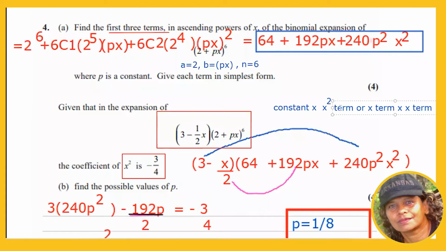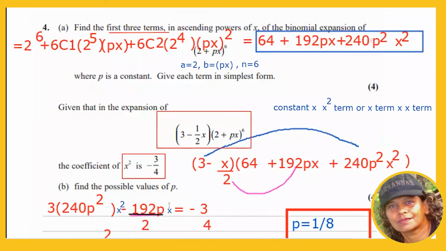That is the only way that I can get an x squared. So here I go. I'm going to have 3 into the x squared term. The constant is 3 and the x squared term is 240p squared x squared. Or I can multiply minus x over 2 into 192px. So this will be an x term here, and this also will be an x term here.